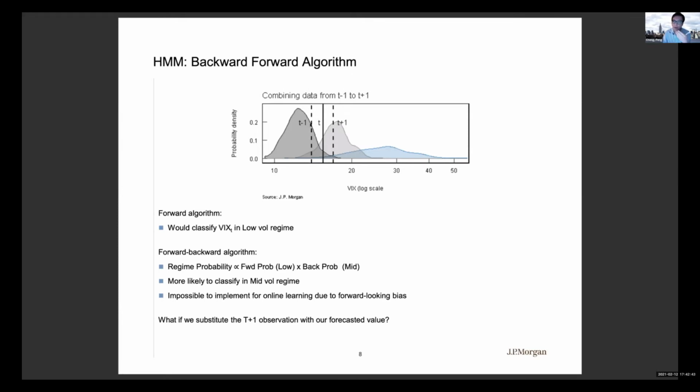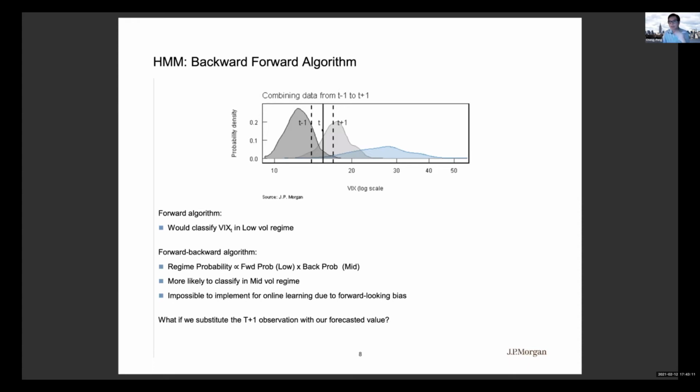So it will not only look at where it was before, but also at where it is tomorrow. If yesterday it was in the low vol regime, today it's at the cusp, but tomorrow it's very firmly in the high vol regime, then it places a much greater probability on today's value having a regime transition, basically a regime change.